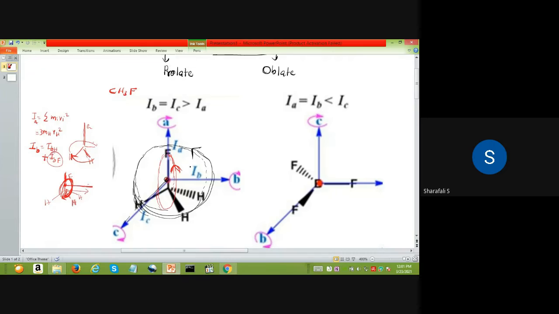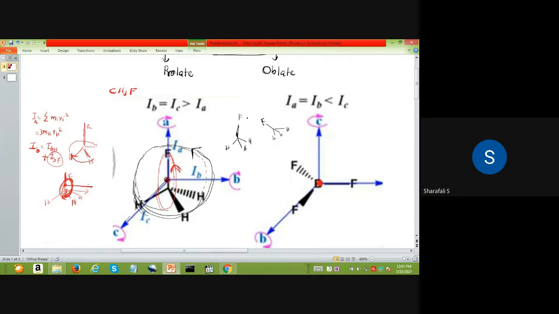Okay. So in that case also we have fluorine, hydrogen, and this hydrogen. So in the first case your fluorine will be here, and you will be having hydrogen atoms. In the second case, your fluorine will be somewhere here, and you will be having your hydrogen atom here.